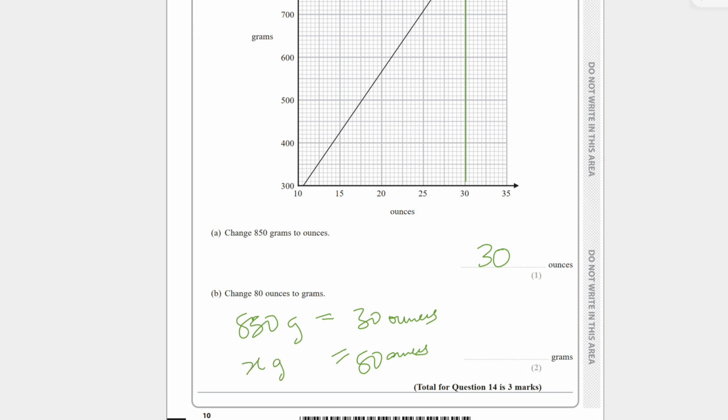So X is going to be equal to 80 times 850 divided by 30. Using the calculator, that gives us 2,266 and 2/3 grams. Make sense?